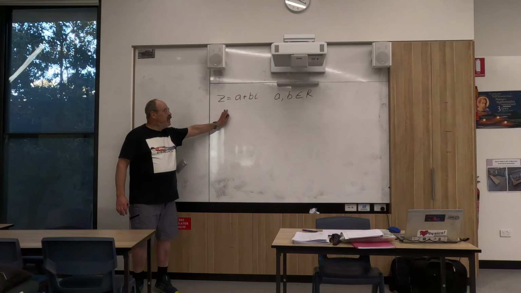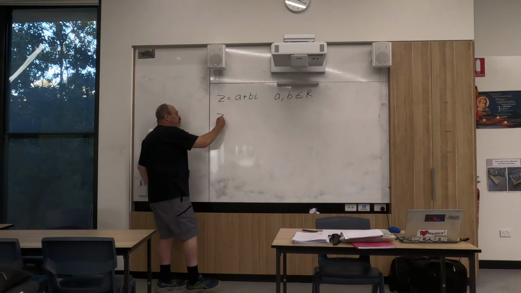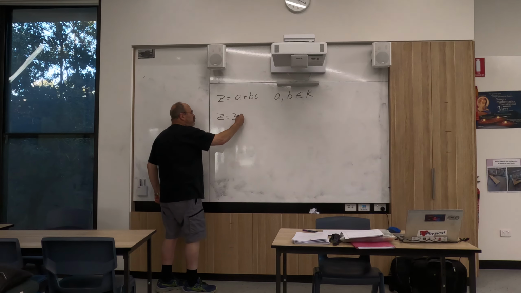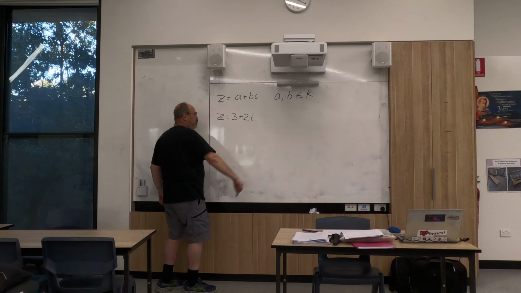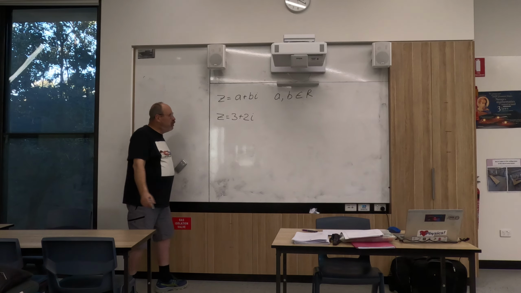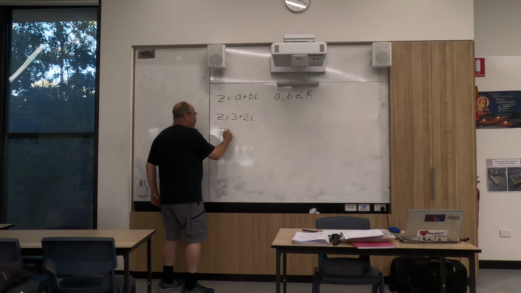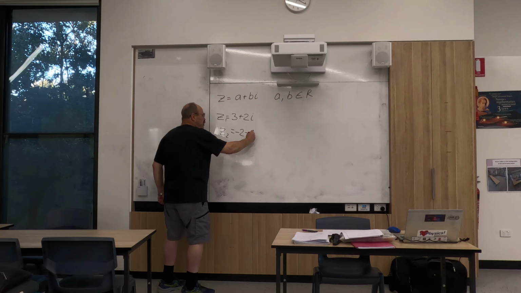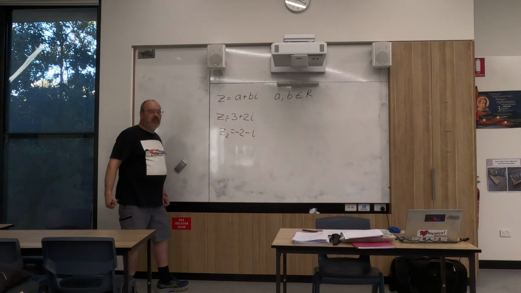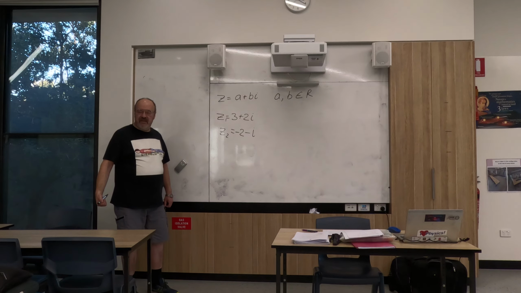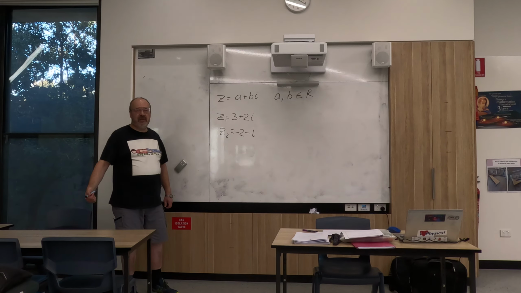So for example, z1 equals 3 plus 2i, or z2 equals -2 minus i. Those are complex numbers.